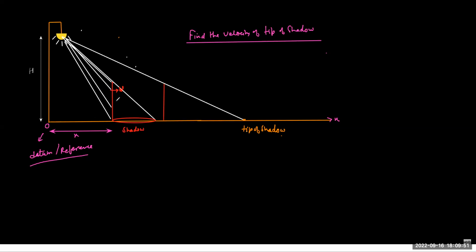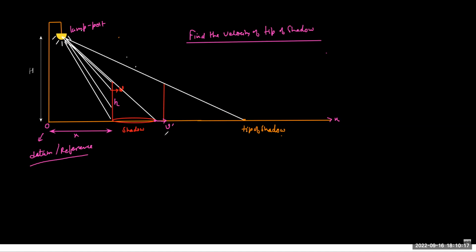What is given to us? The height of the man is given to us. The height of the lamp post is given to us. And what we are supposed to find? The velocity of the tip of the shadow. That's called V dash. So what do you think? How to proceed?